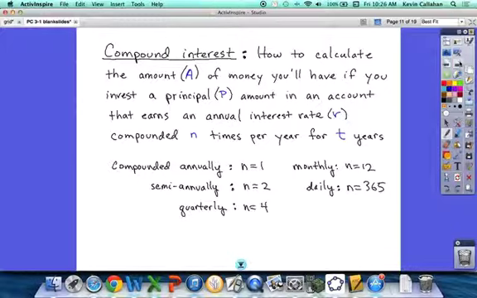Now, let's say, and for just ease of calculations, let's say you got 12% annual interest rate, which nobody gets, okay? But let's say you got 12% annual interest rate. You don't get 12% calculated once a year. You get 12 divided by 12 calculated once per month.